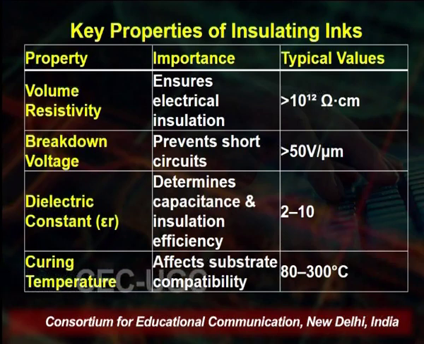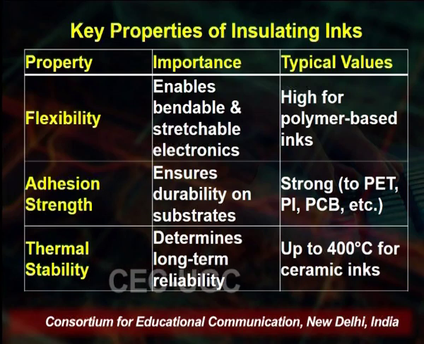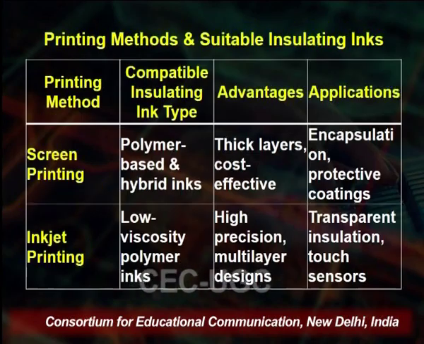Moreover, breakdown voltage prevents short circuits, and volume resistivity ensures the electrical insulation. Again, flexibility, adhesion strength and thermal stability; these are the same parameters as we discussed for the dielectric ink.